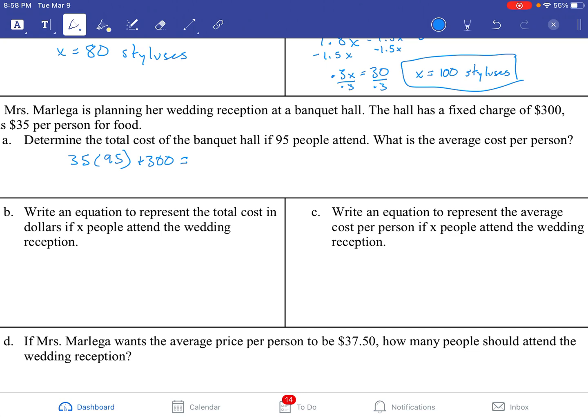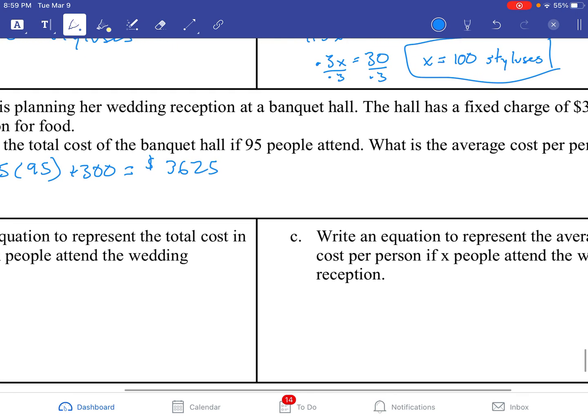So 35 times 95 plus 300 gives me $3,625. Now for the average, we're going to take that number divided by 95 people. Which gives me $38.16.